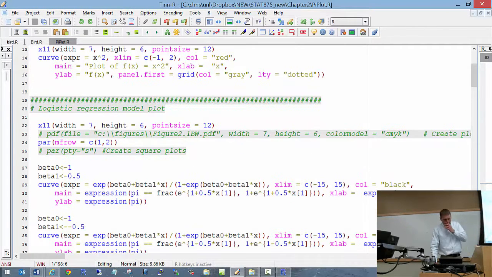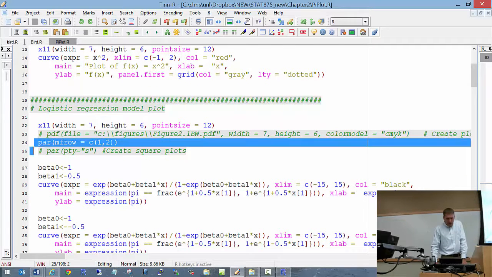First of all, I use the par function to partition my plot into two different subplots. The par stands for graphics parameters, and there are a variety of graphics parameters available to you in R. In particular, there's one called mfrow.